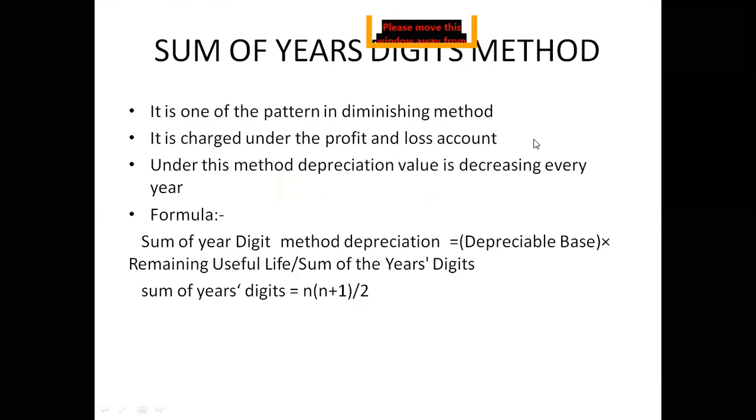Next is the sum of years digit method. The third method is one of the pattern and elimination methods. It is charged under profit and loss accounts. We are going to see the profit and loss account. The depreciation value is decreasing every year, and in all the cases we will say the depreciation value is decreasing every year.